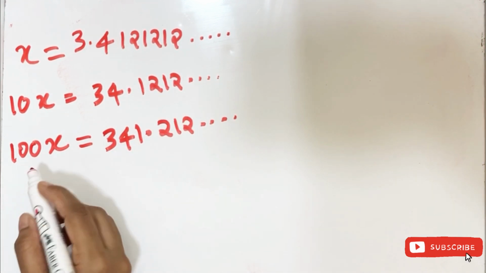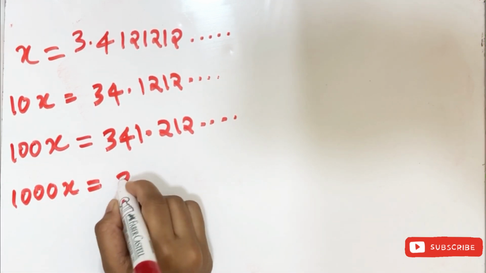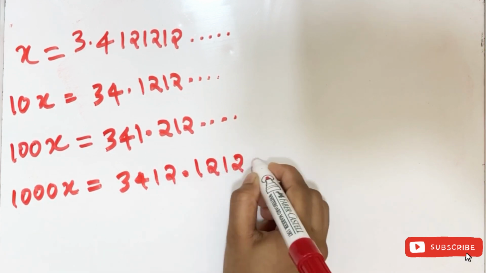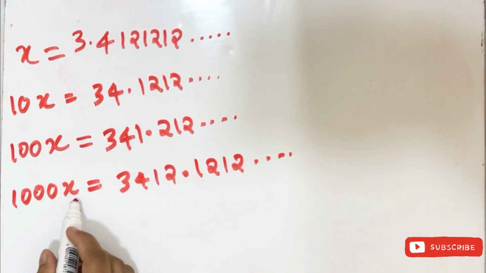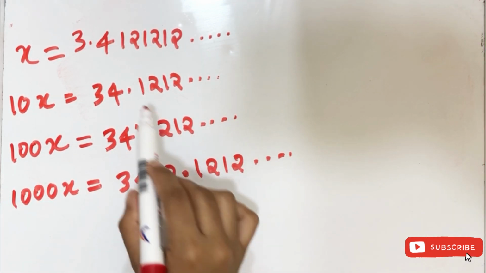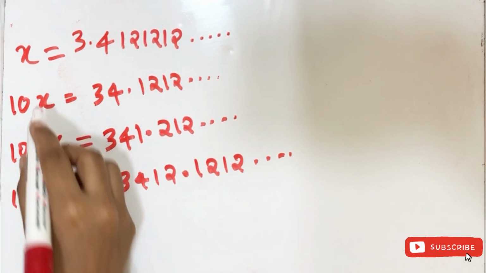So again multiply by 10. That is 1000x is equal to 3412.1212, etc. See here 1000x and 10x. Here after the decimal 1212, etc. Here also 1212, etc.